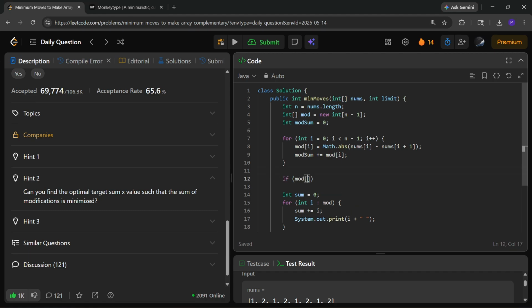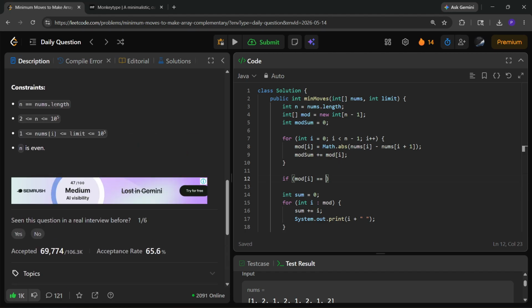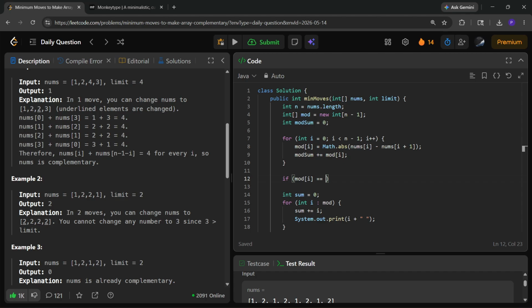If mod of 5 is equal to, so it can be a 0, right? Equal to n minus 1, return 0.